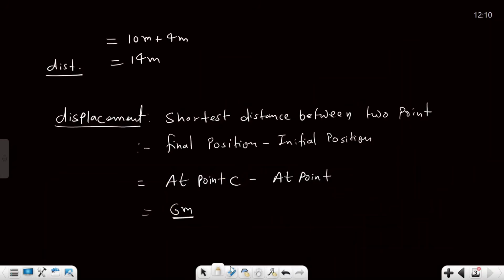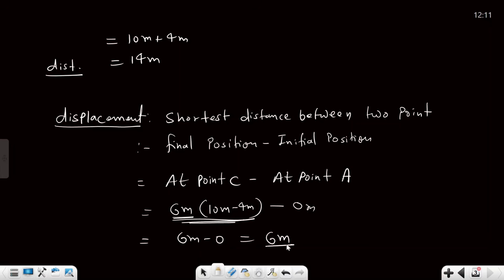So we are doing 10 meter minus 4 meter. This is the position of the person at point C, and at point A he is at 0 meter, because we are taking the initial point, that is A. So 6 meter minus 0 meter is equal to 6 meter finally.